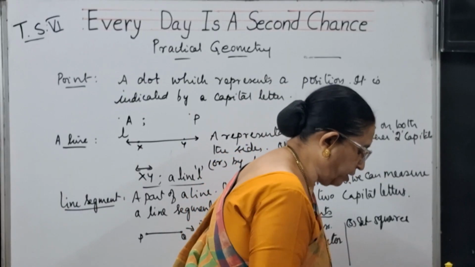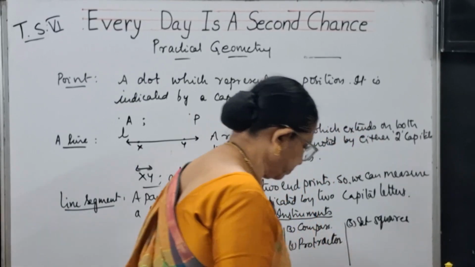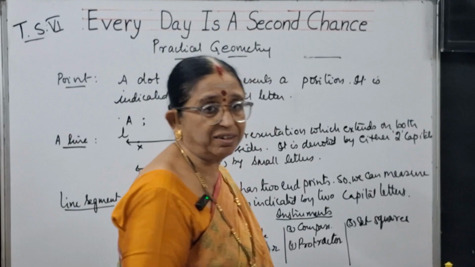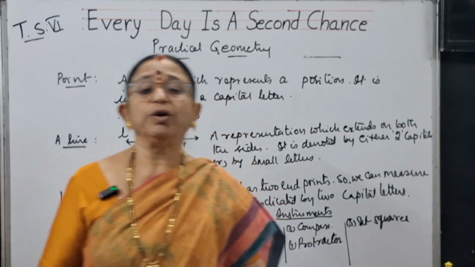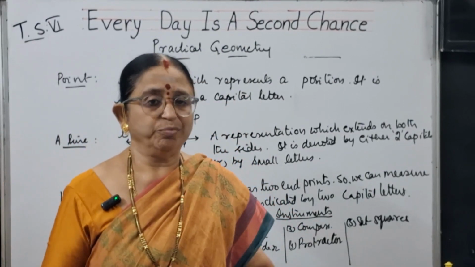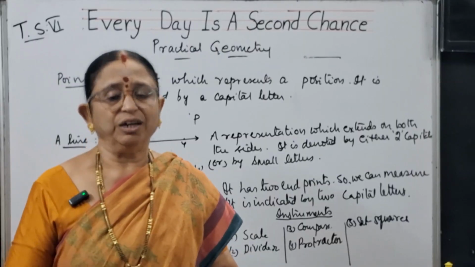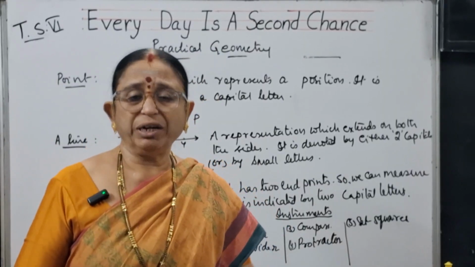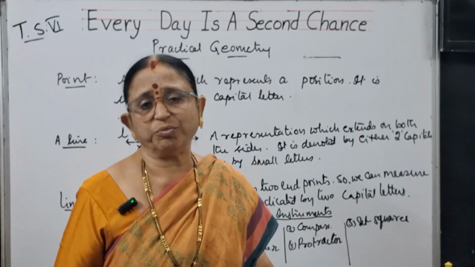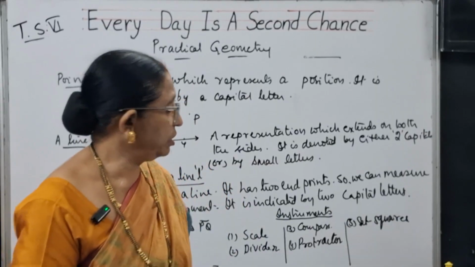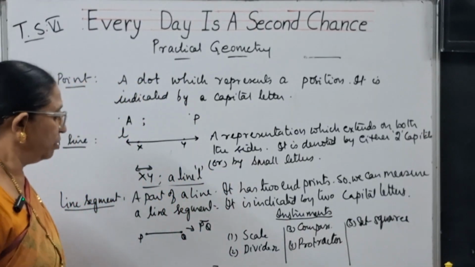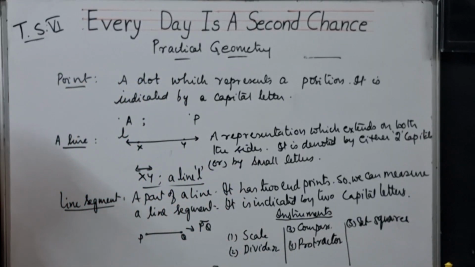Now when we are dealing with constructions, we are going to use a few of these, because you are in 6th standard, you don't use many, but you should know the names of the instruments, children. So please note it down. This is an introductory class. Please note it down, children.